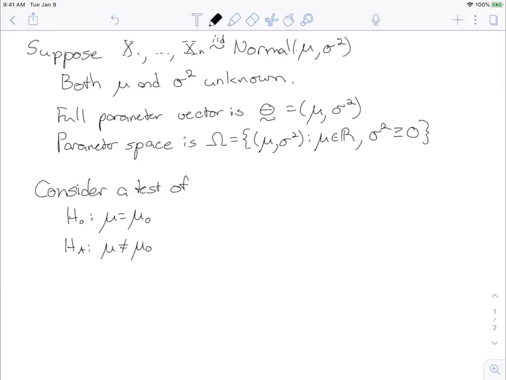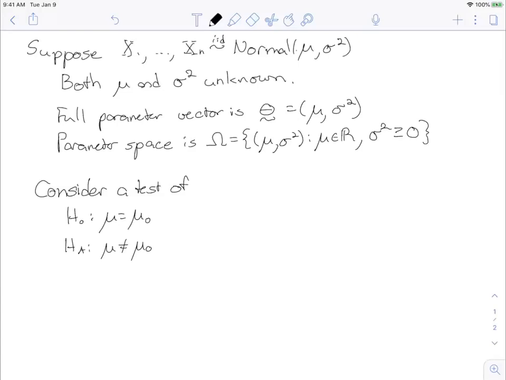So remember that when I first introduced likelihood ratio tests, I said that it's useful to be able to think about likelihood ratio tests in terms of specification of sets that the parameters belong in. And here I've just said something about the value of mu, but there's also another parameter, sigma squared.